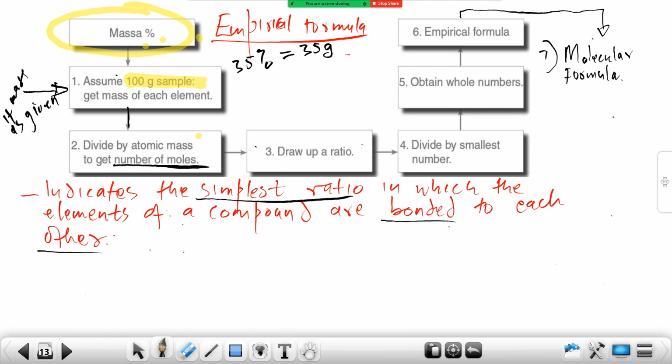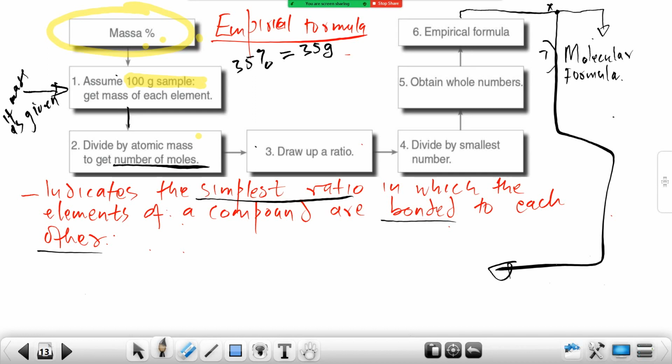So after getting the number of moles, I draw up the ratio, divide by the smallest number, obtain the whole number, multiply that ratio, and then it will give me my empirical formula. So for number 7, I will add it here. For me to get that whole number, there's a number that I need to multiply with.